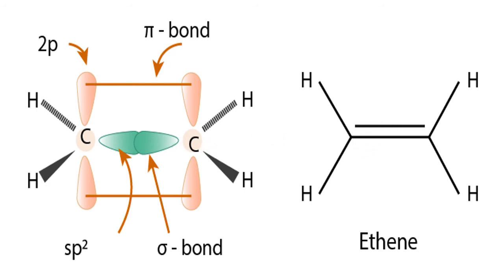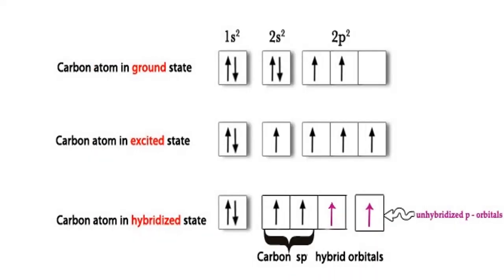Now ethyne, an alkyne, where a triple bond is there. How to account for the triple bond? As usual, ground state, excited state, ready for hybridization. Because only two H are there, one H on one side of the carbon, one H on the other side, still one extra electron will remain as it is.